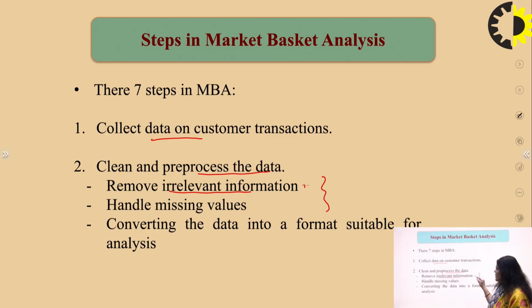Once we clear up with this step, then we go and find out whether there are any missing values in our data. If so, then we need to find out what method we can use to handle these missing values. Once the missing values have been handled in the data, now we can move on to the next step, which is called converting the data into a format suitable for the analysis.